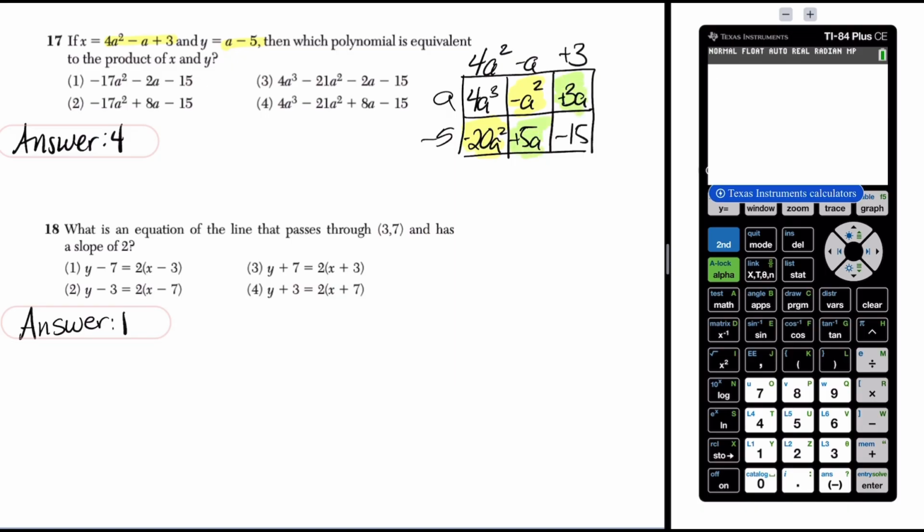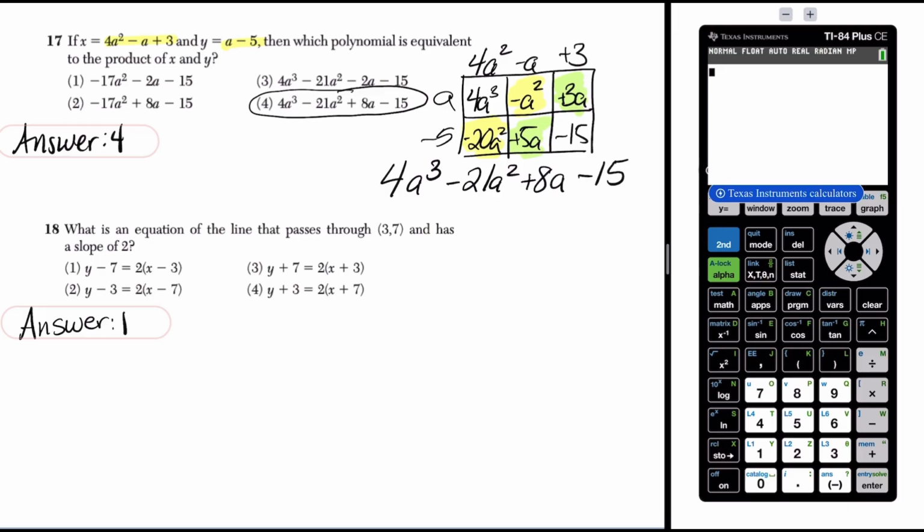And these are going to be, I'm going to combine those. So my answer is going to be 4a to the third power. -20a minus another a is -21a squared. 5 plus 3 is 8. So I'm just adding my coefficients. Minus 15, and that matches perfectly with number 4.